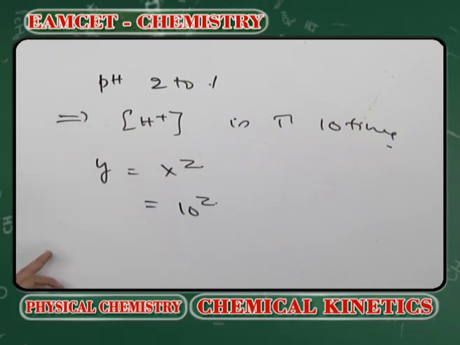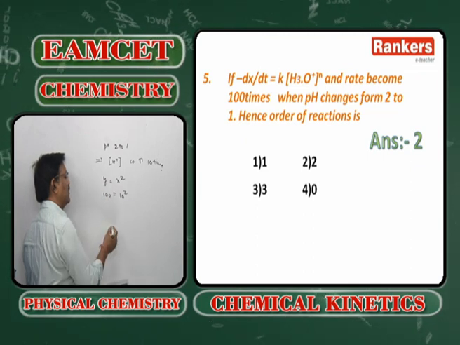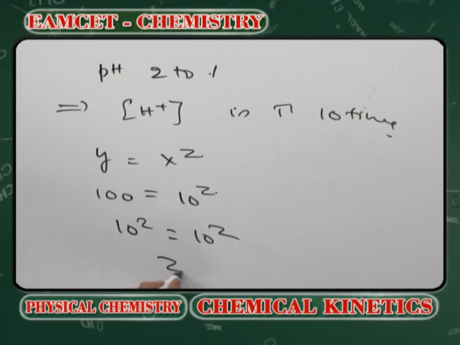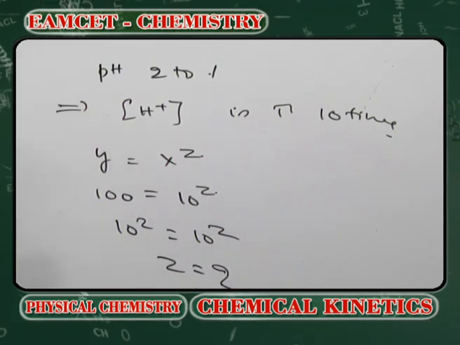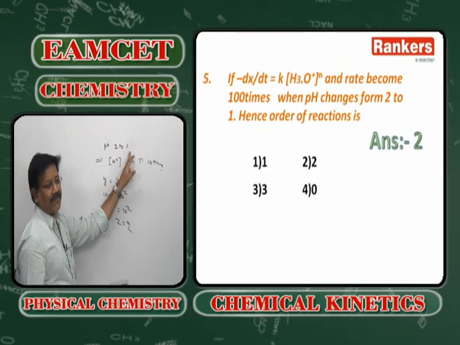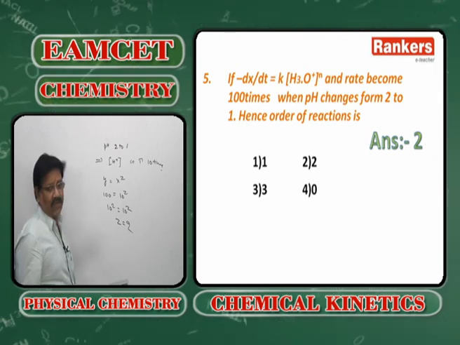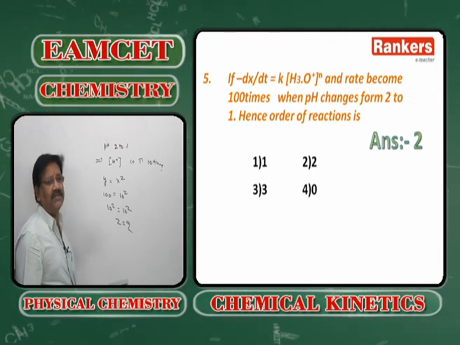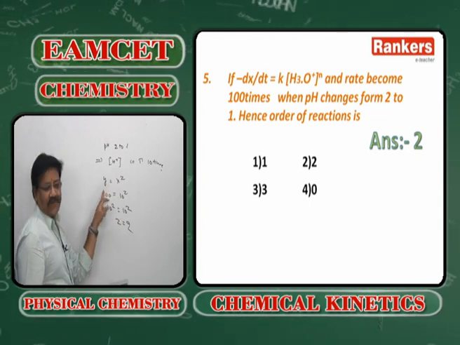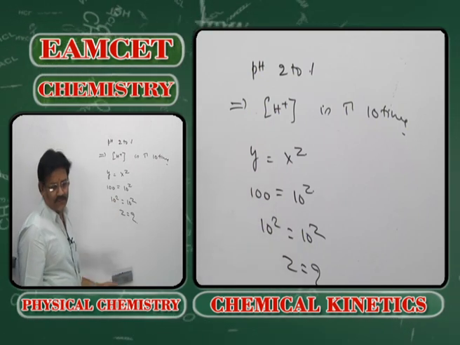And what is y? The rate increases by a factor of 100 times. So 10 squared is equal to 10 to the power of z. Z is equal to 2. This is the way: when the pH value decreases by 1 unit, H plus ion concentration should be increased by 10 times. Therefore x is equal to 10 and the rate increases by a factor of 100. So this is the way to do it.